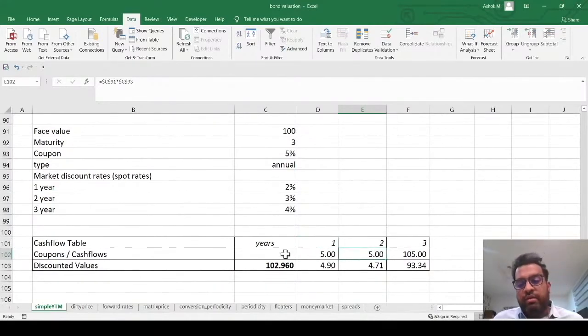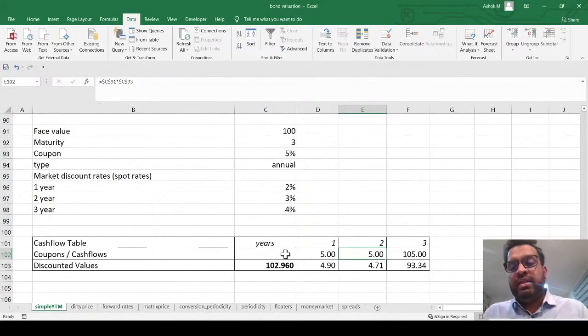But what if you are in between coupon dates? The seller of a bond will lose out on the accrued interest between the previous coupon date and the current date, the settlement date as we call it. The buyer will be on record when the next coupon is paid. He'll get the full coupon, the full interest for that period. So what happens to the seller? He doesn't get it.